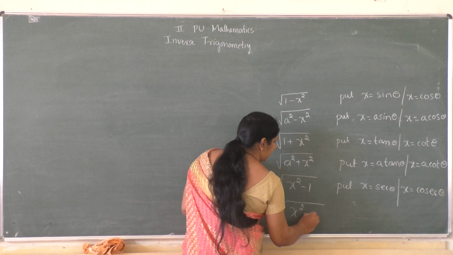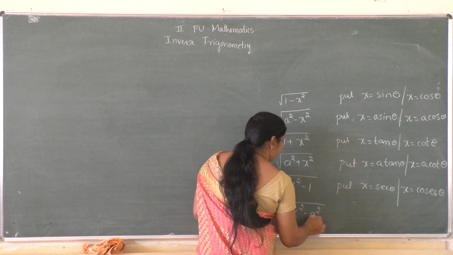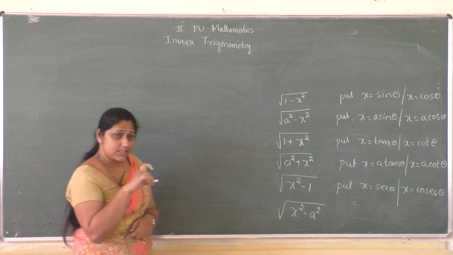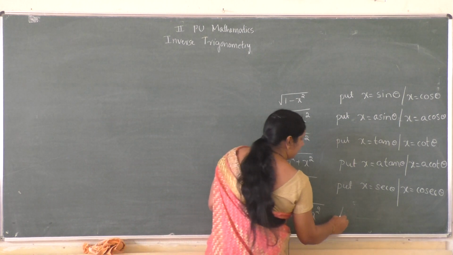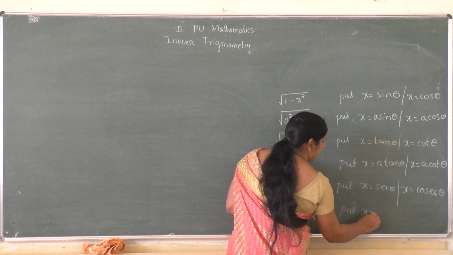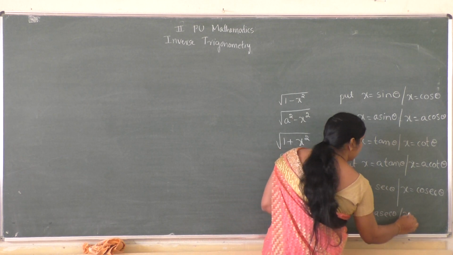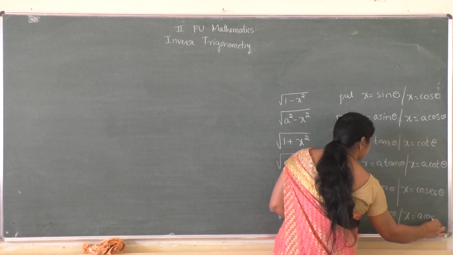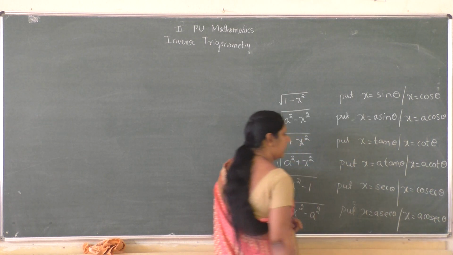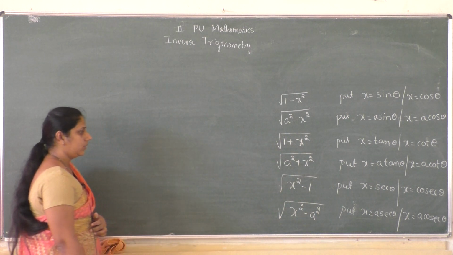Similarly, if we have root of x square minus a square, then you have to take either x equal to a sec theta or x equal to a cosec theta. So please note down this.